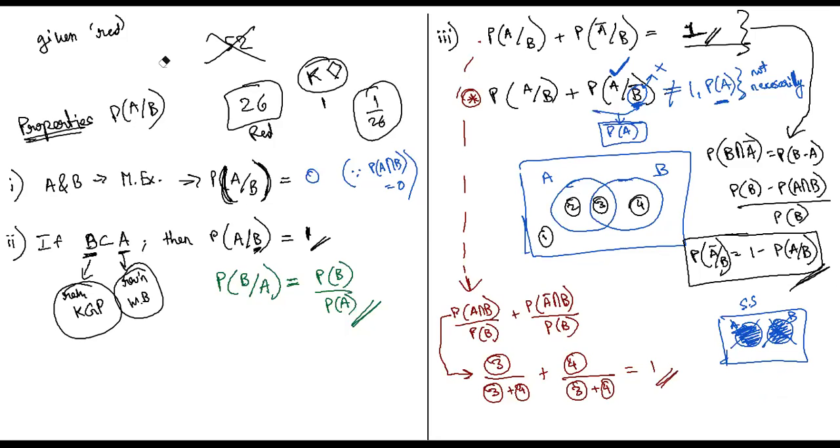I'll just write it. So basically, if they're mutually exclusive, I'm writing directly: probability of A minus B divided by probability of B bar. This is okay.